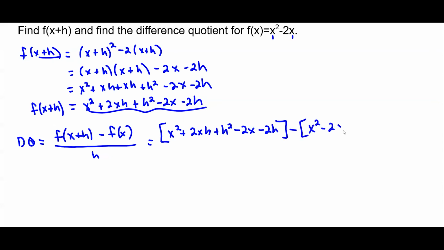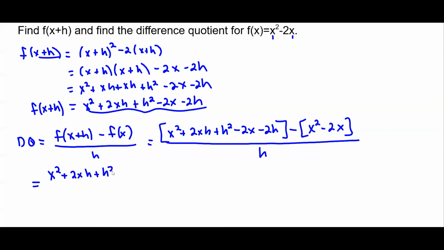F of x is just given as x squared minus 2x. And then let's get rid of the brackets. But I have to distribute this negative sign here.